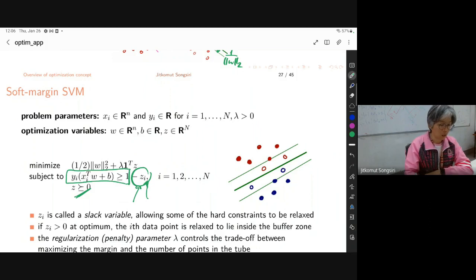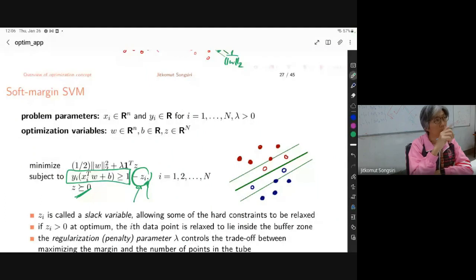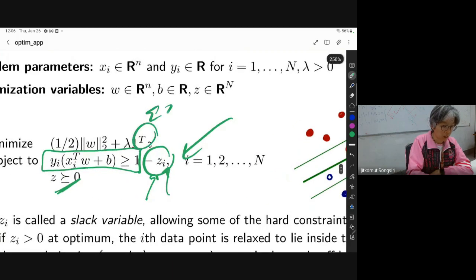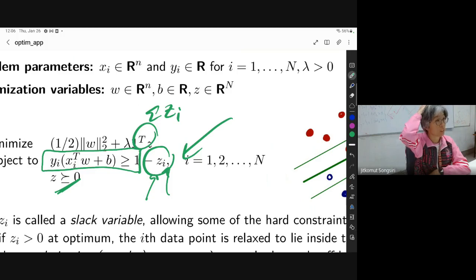But you don't want many of the indices i to satisfy these relaxed constraints. So you want to minimize the number of points that are misclassified. How can you reflect that in the objective? So I minimize the sum of Zi as well. This is your second objective in the cost function.